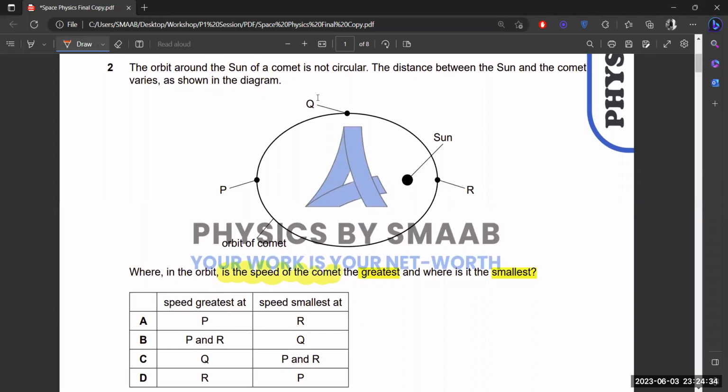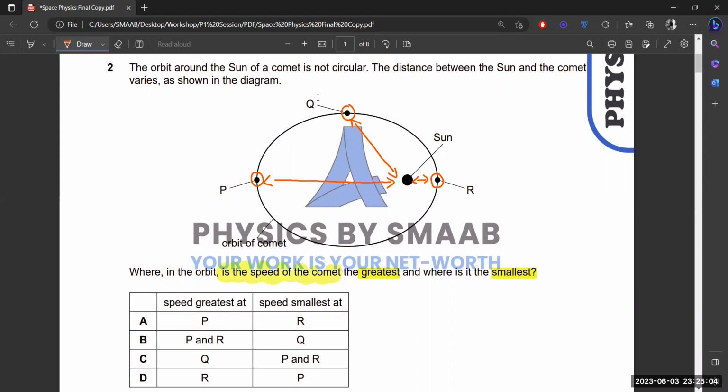So if we talk about the distance, at point R the distance between the Sun and comet is very less as compared to the distance between points P and Q from the Sun. You may easily observe the distance between these points. The greatest distance is from P to Sun and the smallest distance is from R to Sun.